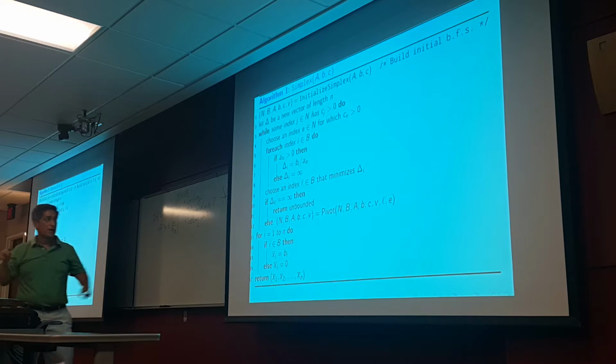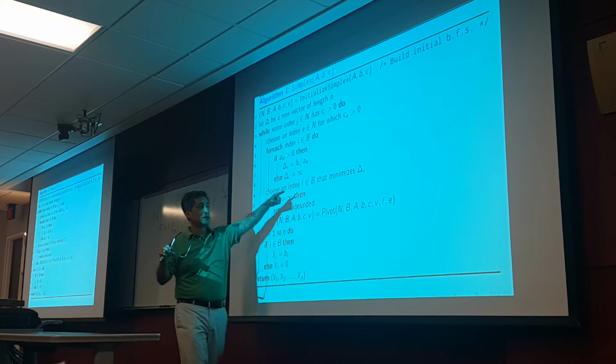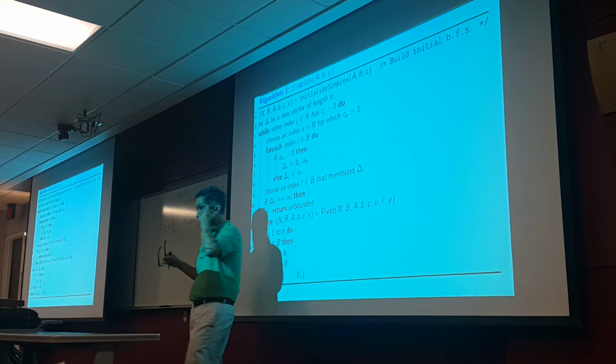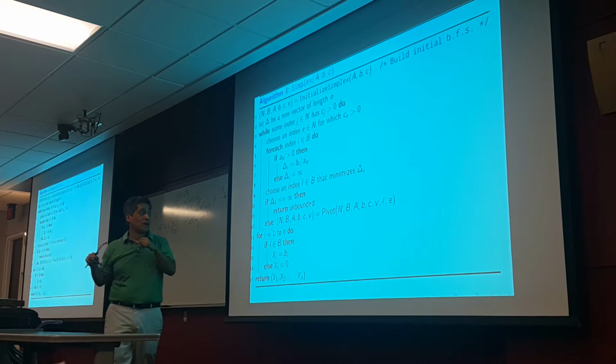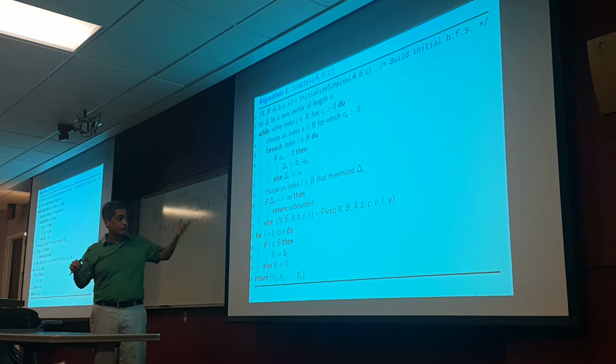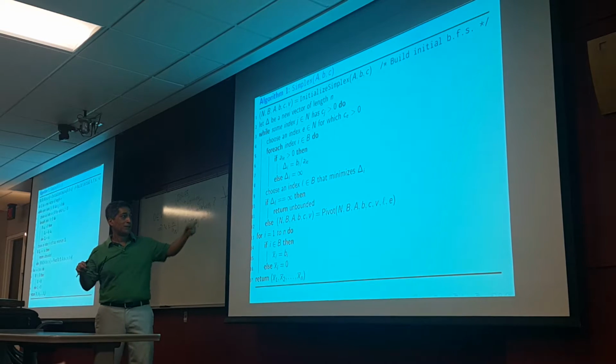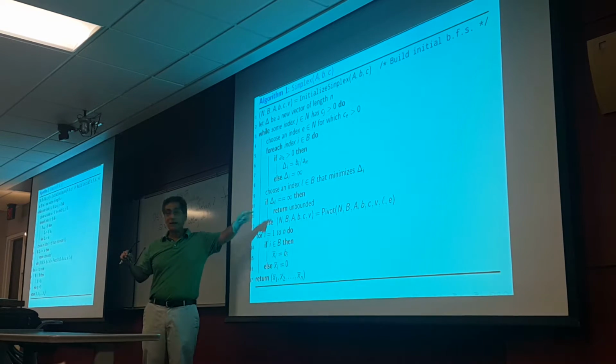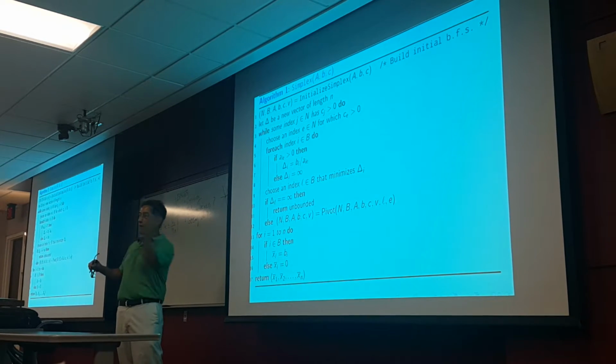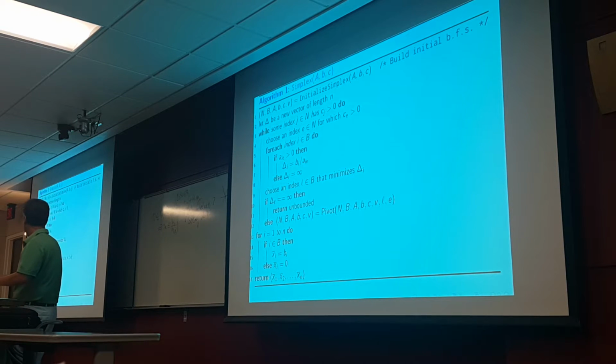And I pick the smallest of these delta i's because, of course, I don't want to make my solution infeasible. But on the other hand, if delta is infinity, that means that I can go forever. There's no constraint at all on how much I can increment this variable.